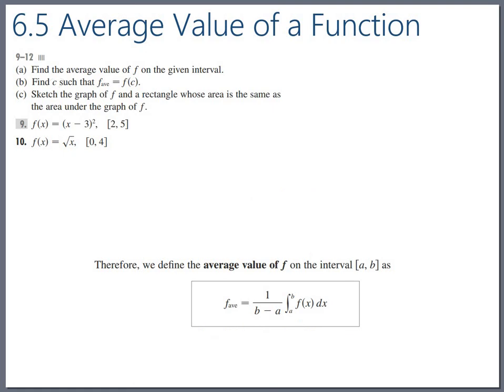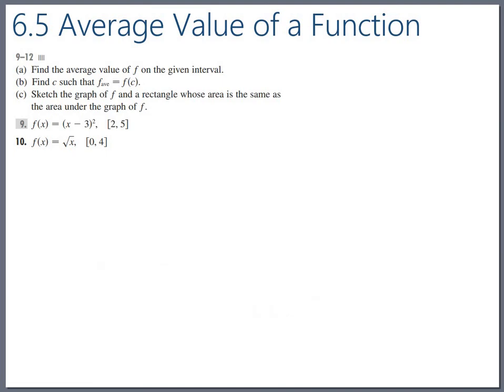All right, so let's go ahead and get rid of that, and let's see what we can do with our new problem here. Okay, so for part 10a, the first part of that's just finding the average value of the function. So over 0 to 4, that will be the interval, and then integrate over the interval the function.